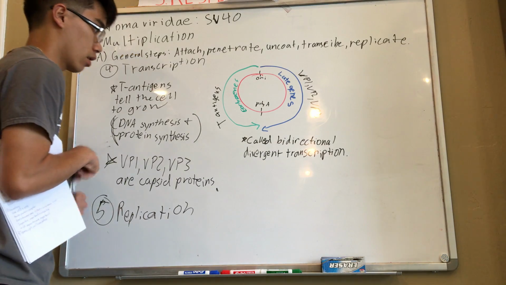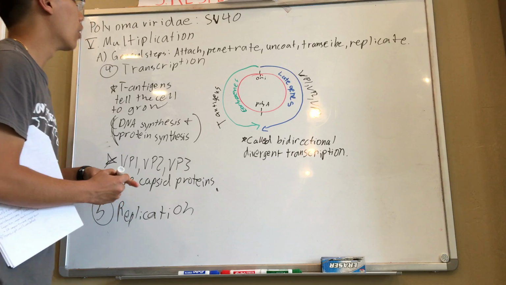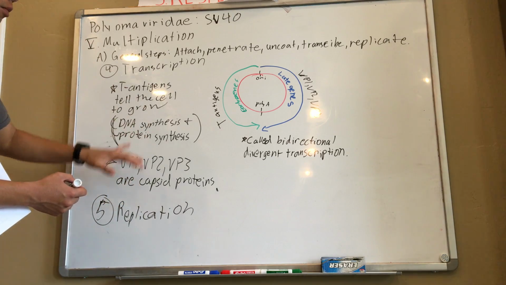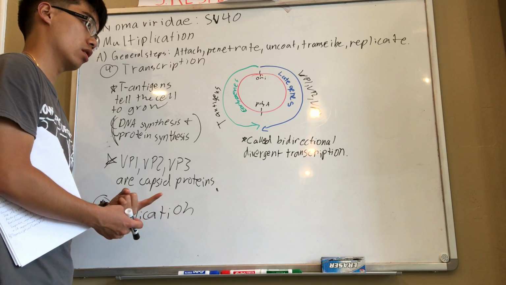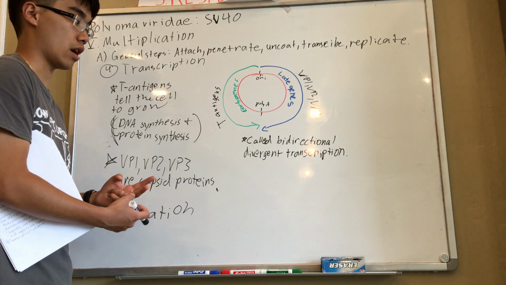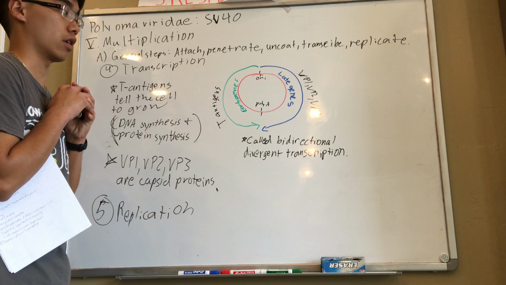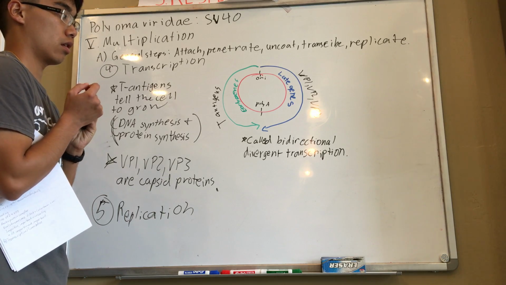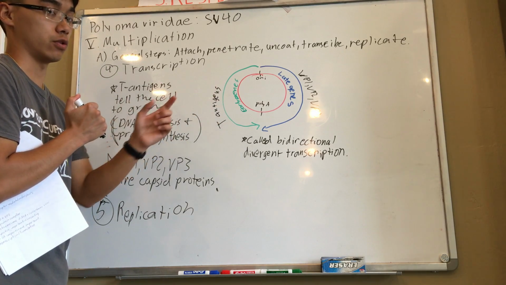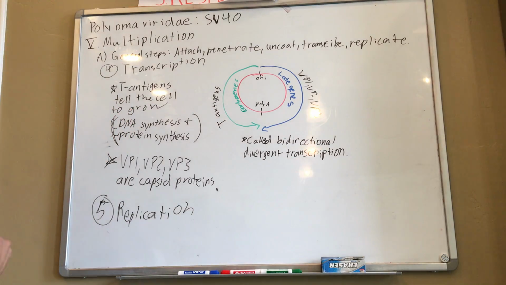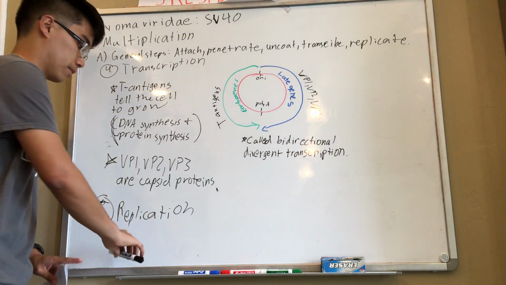Oh, by the way, all of this, except for protein synthesis, the transcription and the replication happens in the nucleus, just like Polyomaviridae. So just like flu, the transcription and replication occurs in the nucleus of the cell.